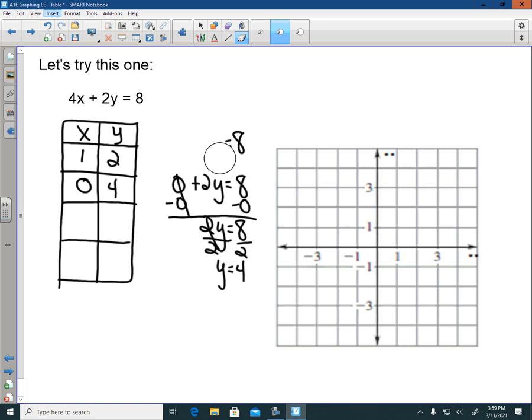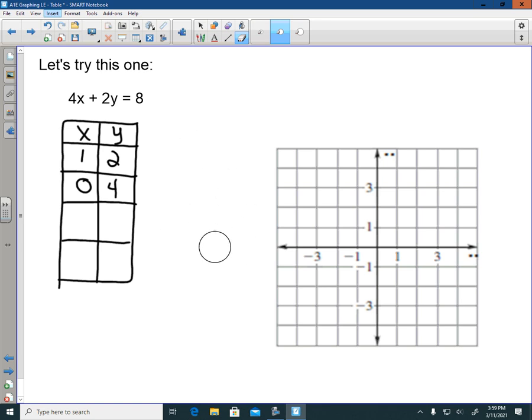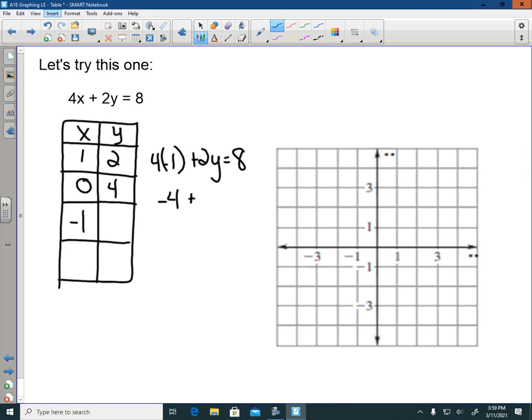Okay, let's do a couple more. Just because it's complicated doesn't mean the steps change. We're just picking a value for x and solving for y. So shall we try a negative? How about -1? 4 times -1 this time plus 2y equals 8. 4 times -1 is -4 plus 2y equals 8.